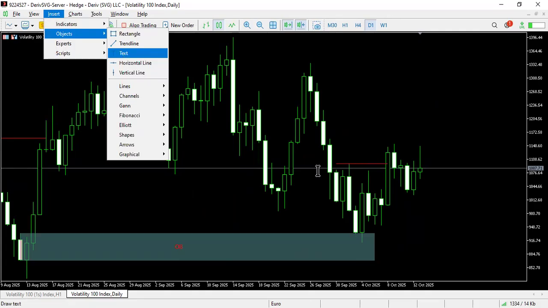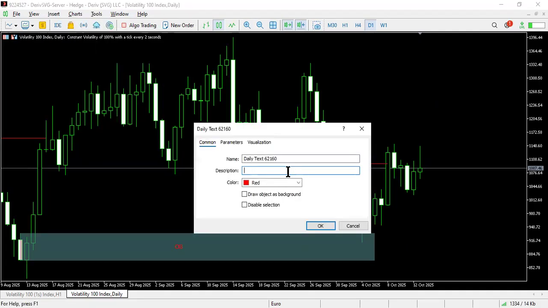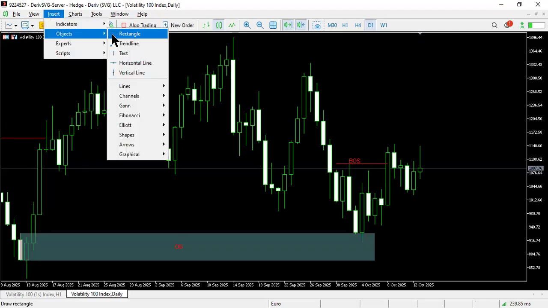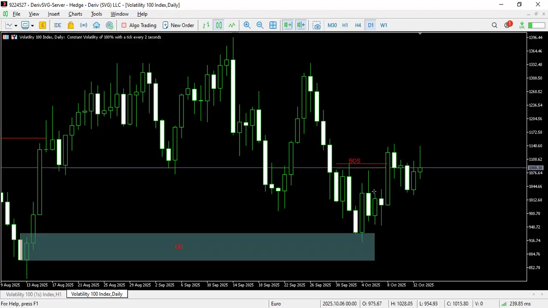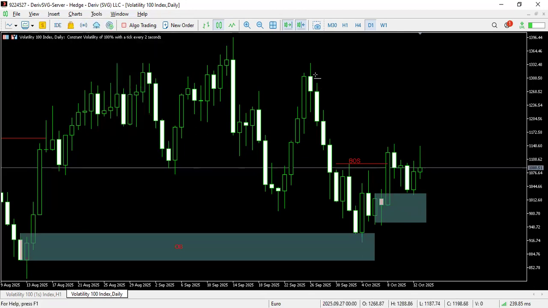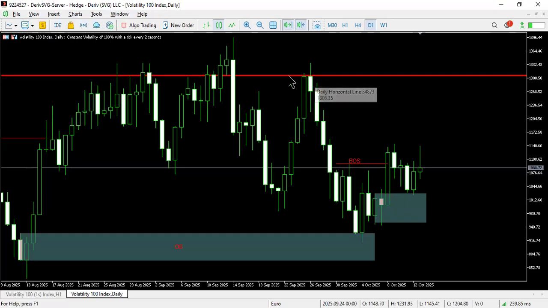So that is a break of structure, and that is the order block which caused the break of structure, where price has mitigated and it's pushing from here to the upside. And our take profit level is going to be there. I like using daily time frame for my take profit.